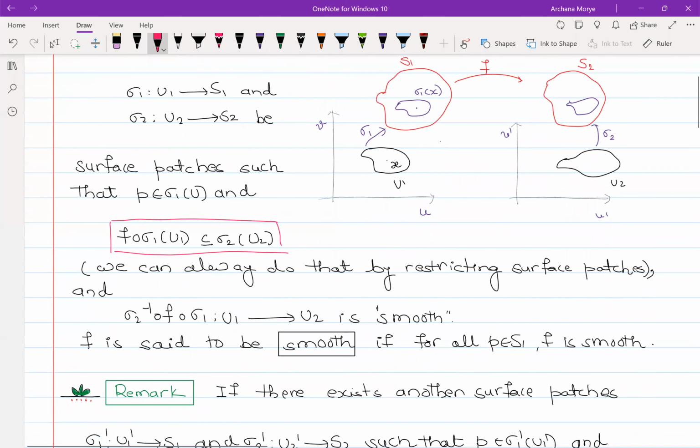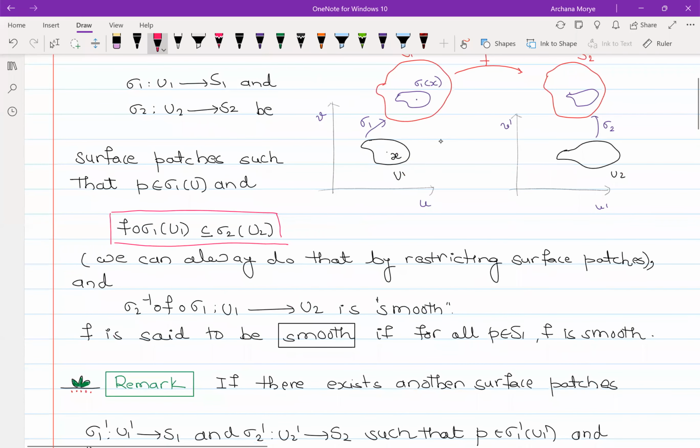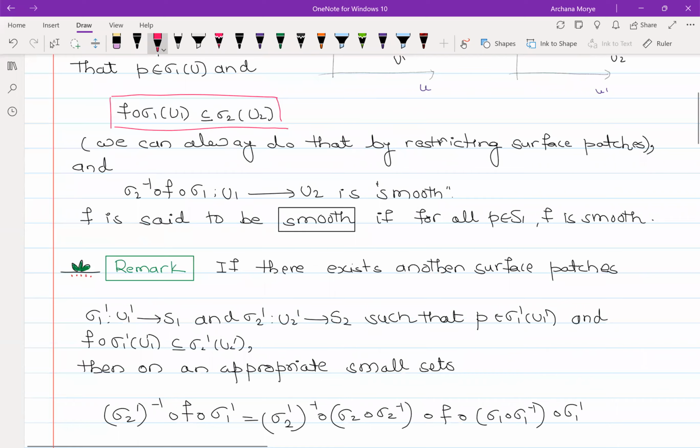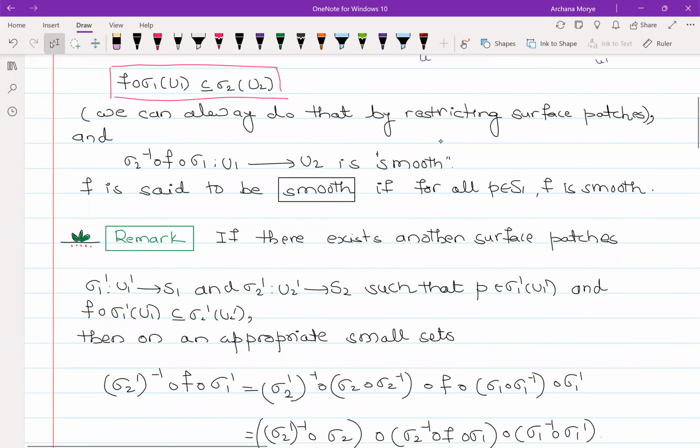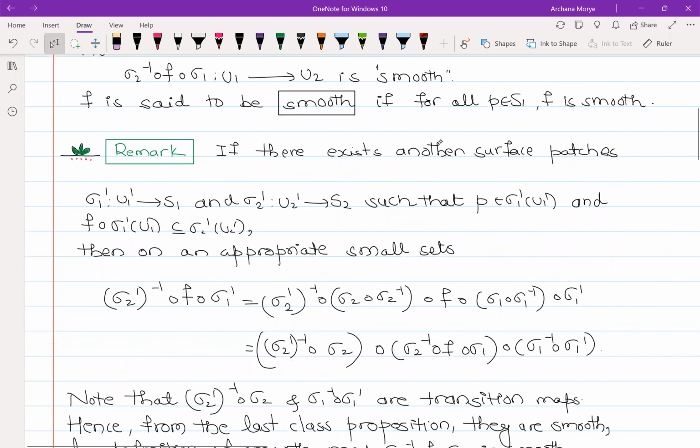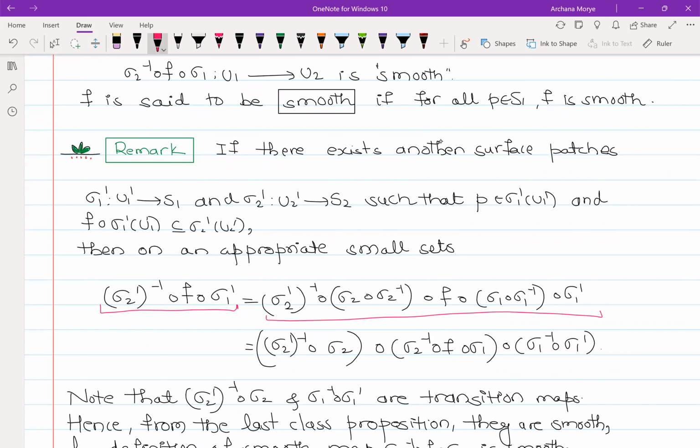If you take another surface patch, we just add these transition maps. You remember these are transition map functions, and in one proposition I wrote that transition maps are smooth. That will give you the required condition.